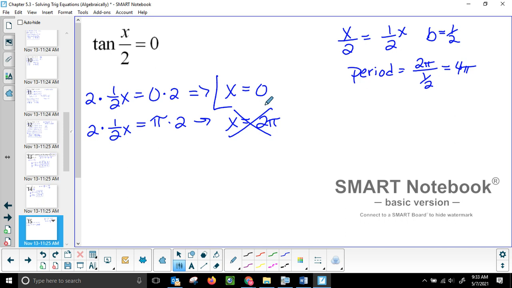So this is going to be my only solution between 0 and 2 pi. It is important to note that this thing has infinite solutions. It has 0, 4 pi, 8 pi, 12 pi, 16 pi, negative 4 pi, negative 8 pi, 2 pi, 6 pi, 10 pi, 14 pi, negative 2 pi, but the only one between 0 and 2 pi is 0.